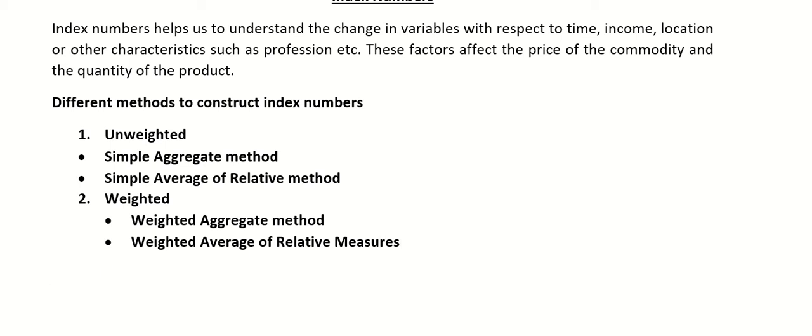Right. So these are the methods. Today we are going to start with the weighted one. Unweighted we'll do afterwards. So in the weighted aggregate method, there are different methods. So let's start.